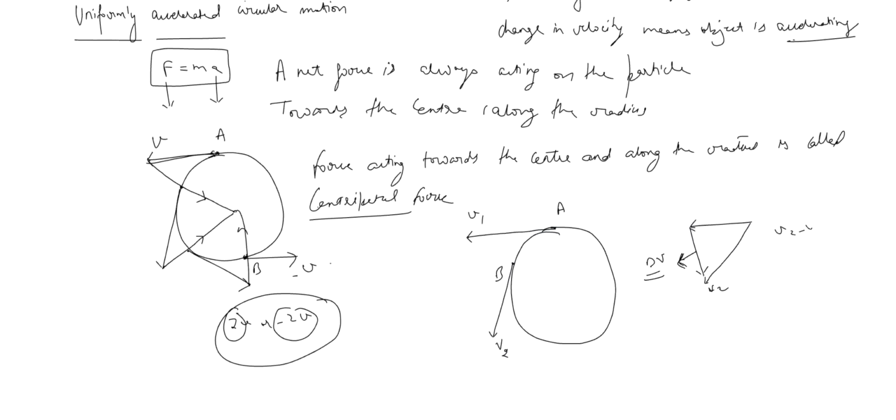This change will act toward the center always. If I consider this point B and this point as C, again when you draw this, you will get it along the center. Always when you find the change, it will be acting toward the center only. That change in vector.